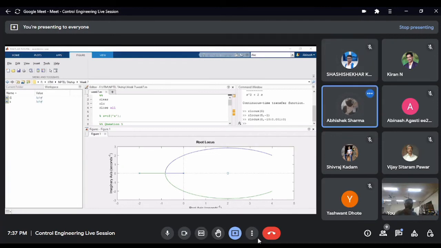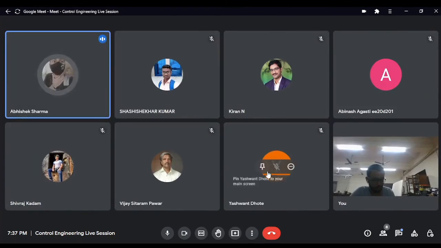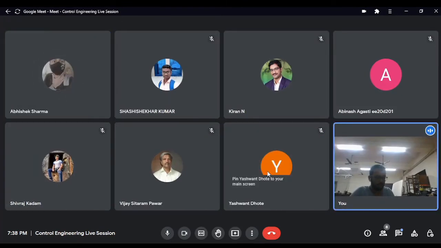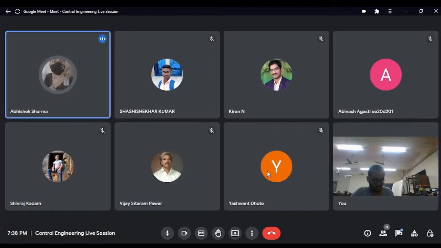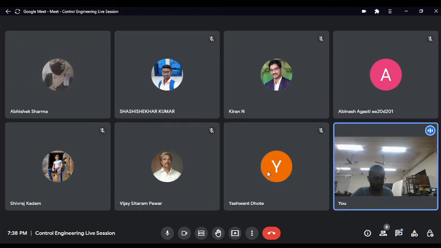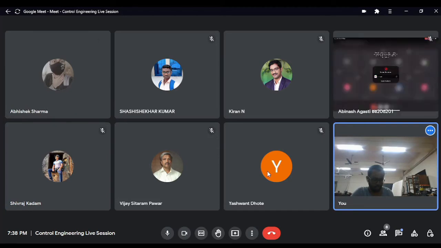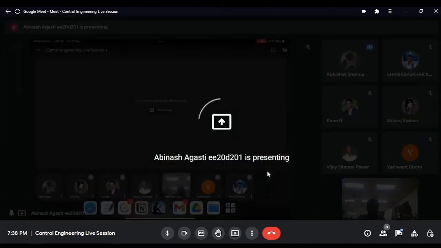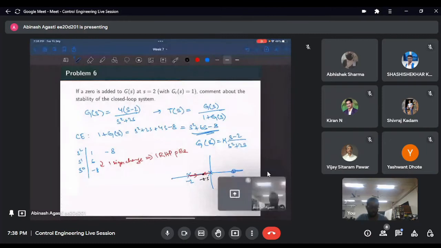For a root locus with negative gain value, what is the formula for the angle of asymptote? It is not the same. How does the formula for the angle of asymptote come about? Like, the derivation.